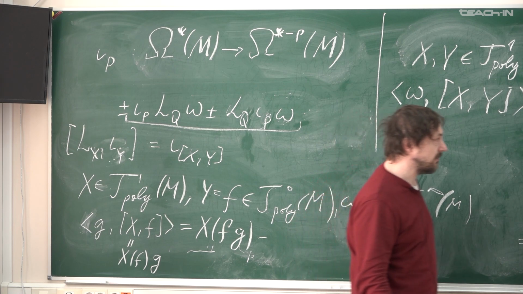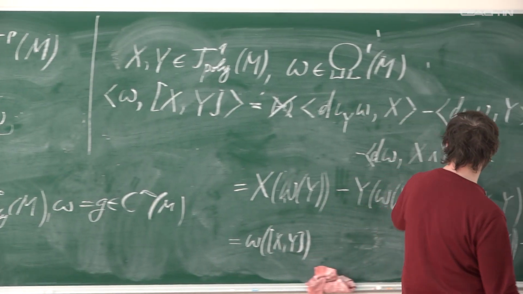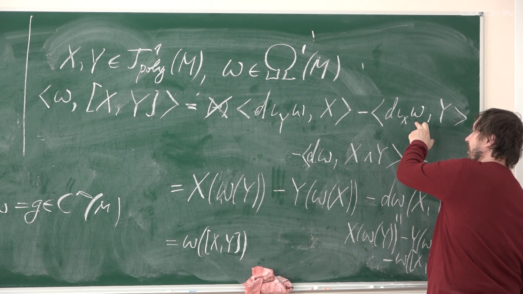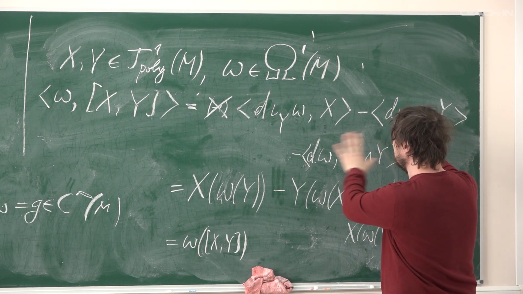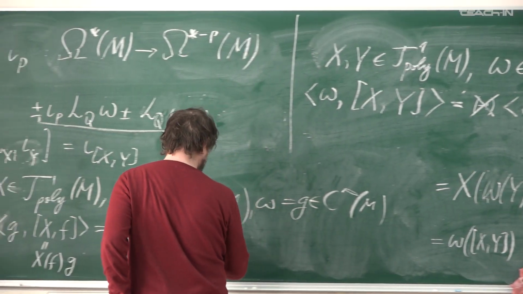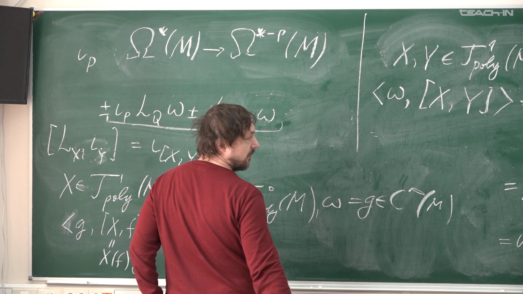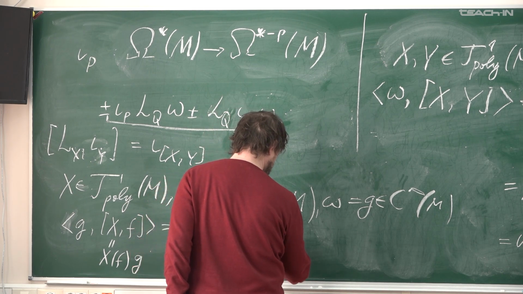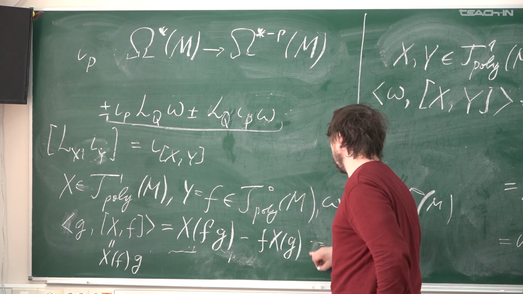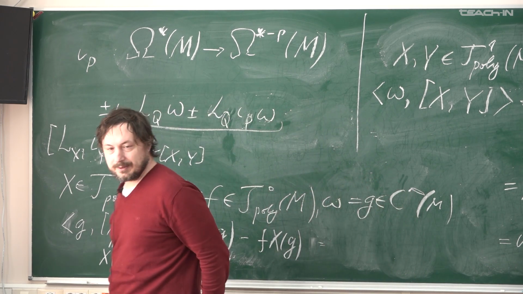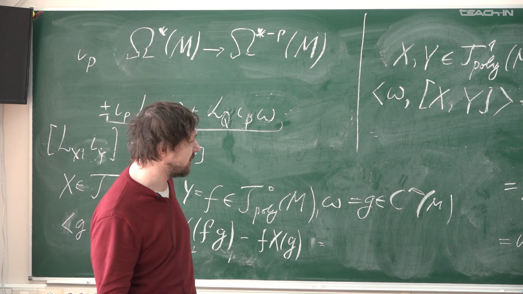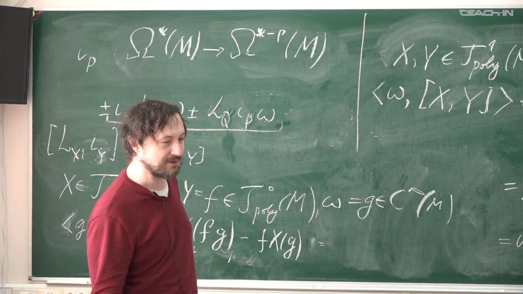However, when we contract a field with a function, we get just 0, so this is non-existent at all. So what we have is finally f of x of g. And as you see, it is precisely the left-hand side of this formula. So again, everything matches perfectly well, and I just need to check that the signs are chosen correctly.